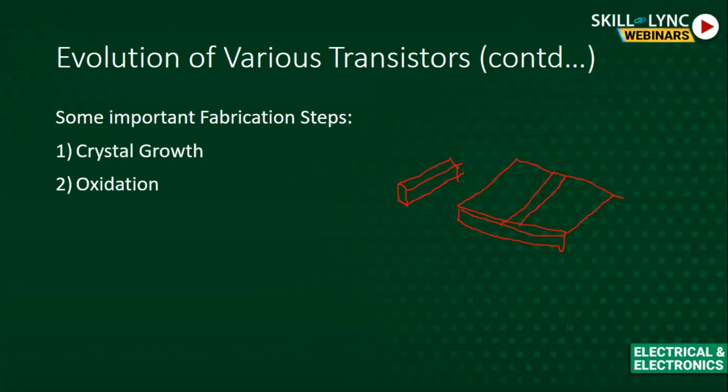The mask here in the center is open, so the light will pass through that and fall on the oxide layer, and it will soften. Wherever the oxide layer is exposed, it will soften, and the other part will be hard. So this part and this part will be hard, and the middle part will be soft.